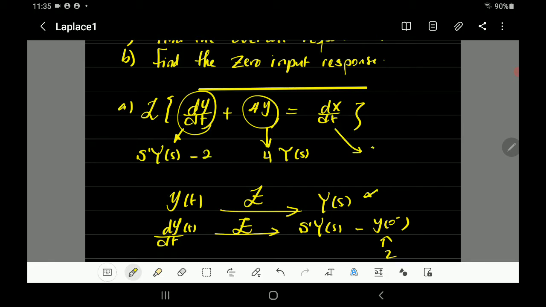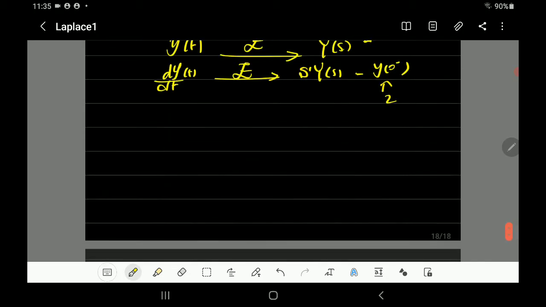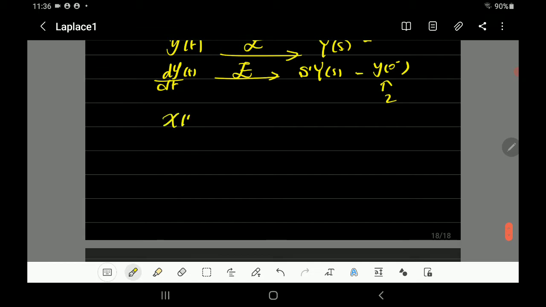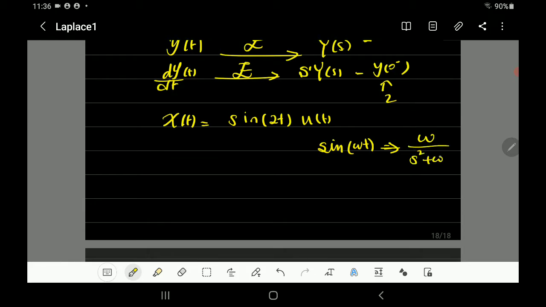So what's left here? The differentiation of the input. The input is given in this problem. x(t) is equal to sin 2t u(t). You have to look for the Laplace transform pairs. You find that sin omega t is omega over s squared plus omega squared.